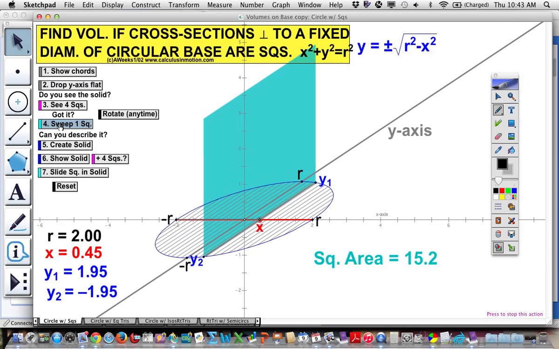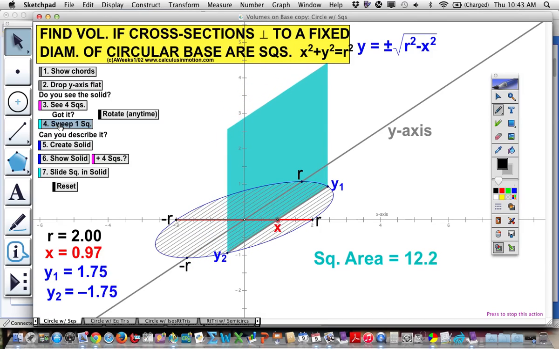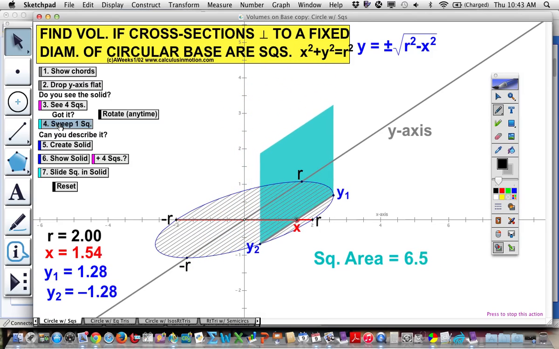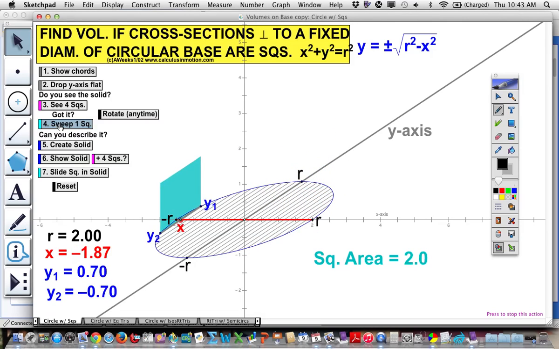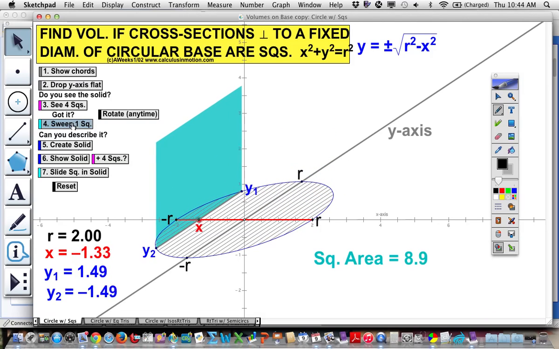Now what are you picturing here for this? What would you call it? What would it look like? Thingamajig?